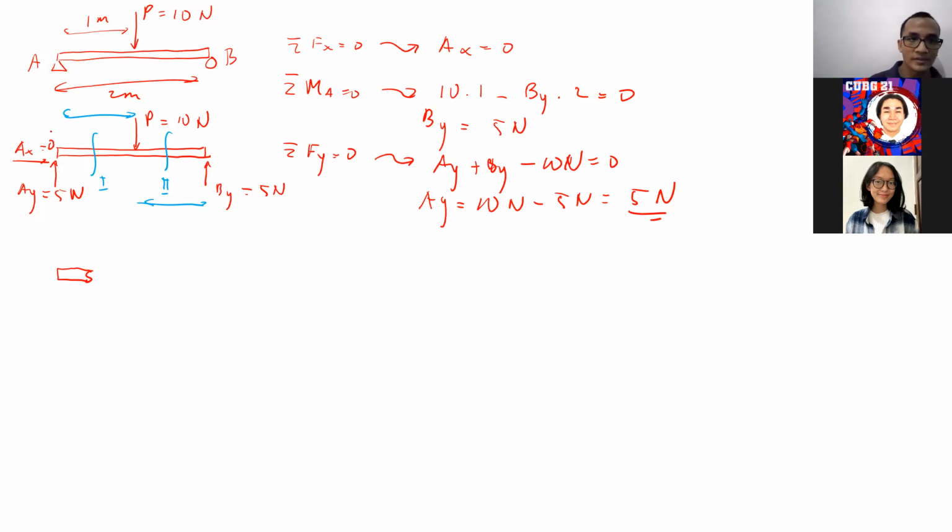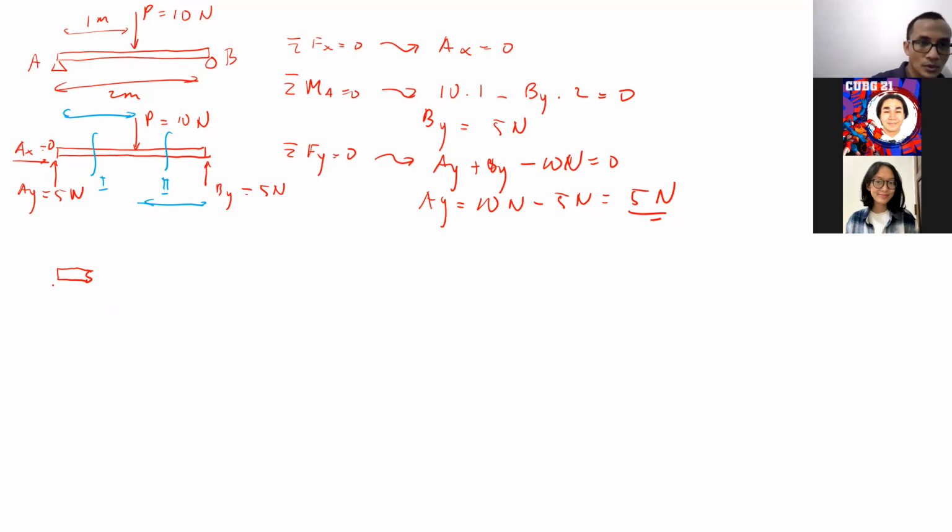Okay, what do we have in that particular cut, Naila? I'm sorry, sir, I'm still a bit confused. What forces do we have there? Can you help me represent all the forces happening at this particular cut? Okay, I think it's Ax, Ay. Ax is 0, so we don't have to draw it.